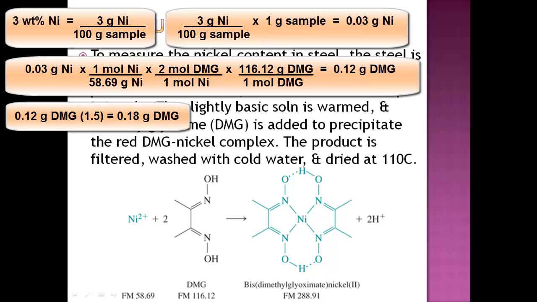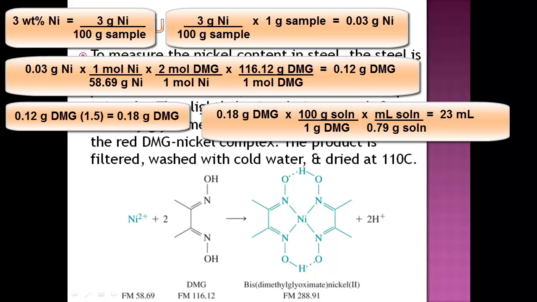The next thing you need to do, since you know the grams that you need to add, is connect that with the concentration of this solution you're putting in, the DMG, which happens to be 1 weight percent. So you take the 0.18 grams of DMG and multiply that times the weight percent, which is 1 gram of DMG over 100 grams of solution.